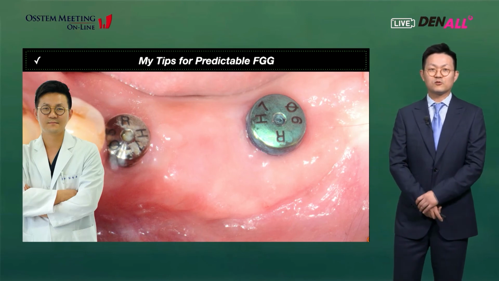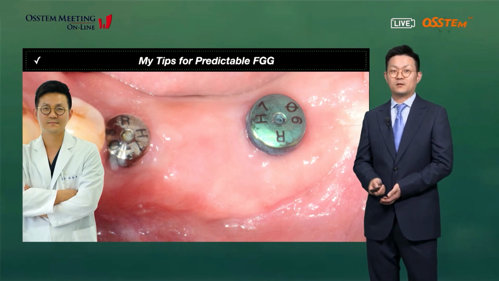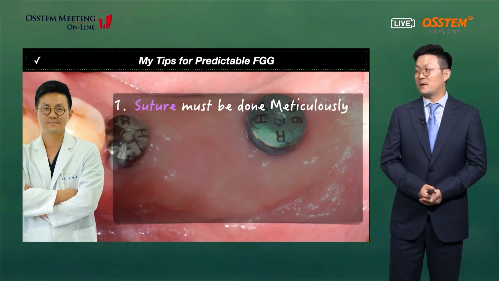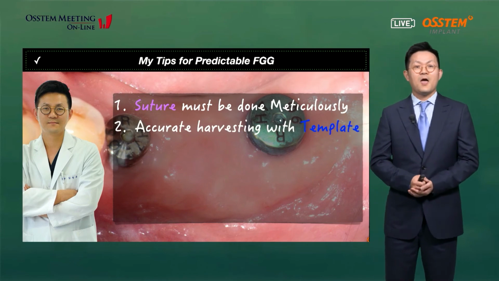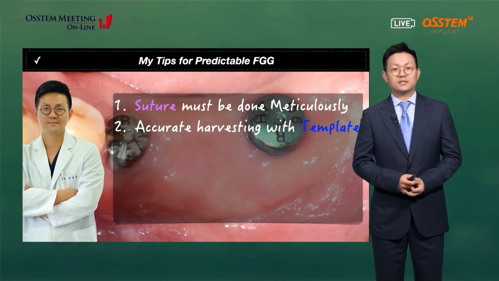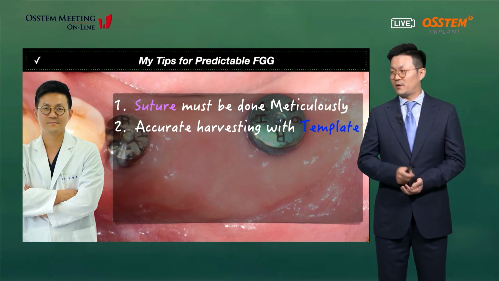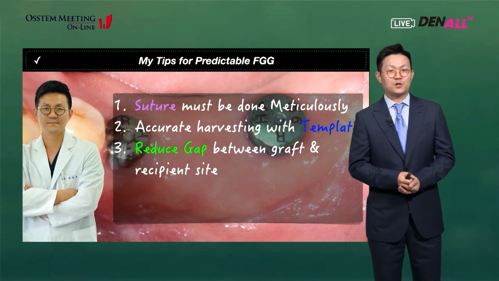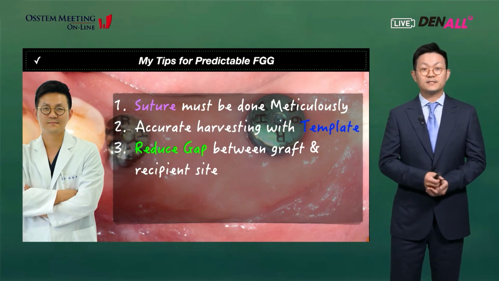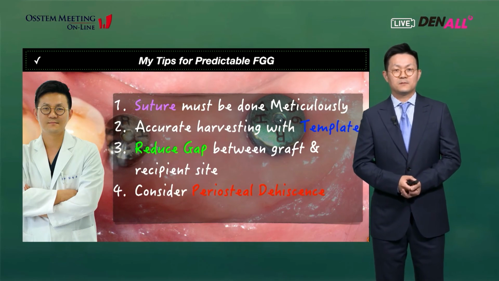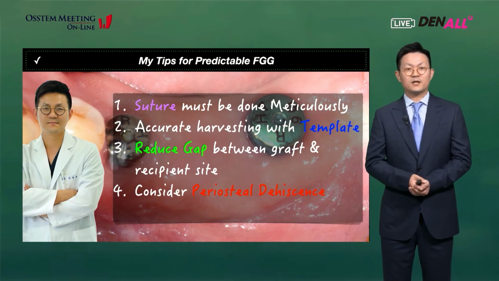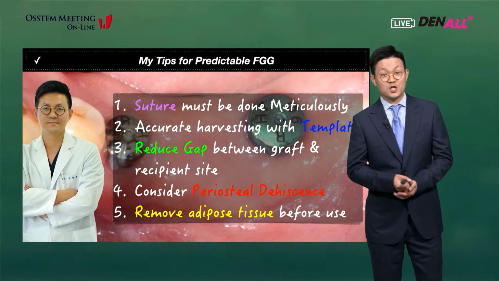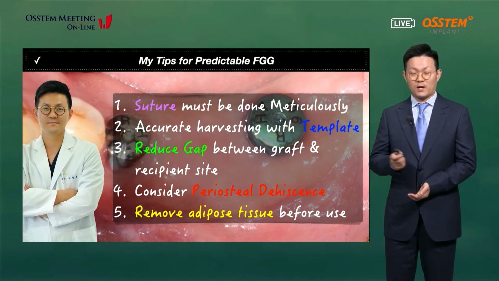So this is the conclusion and the tips for a predictable free gingiva graft today. The suture must be done meticulously, and accurate harvesting on the donor side with a template, reduce the gap between graft tissue and recipient side, consider periosteal distance, and remove adipose tissue before use of the graft tissue.